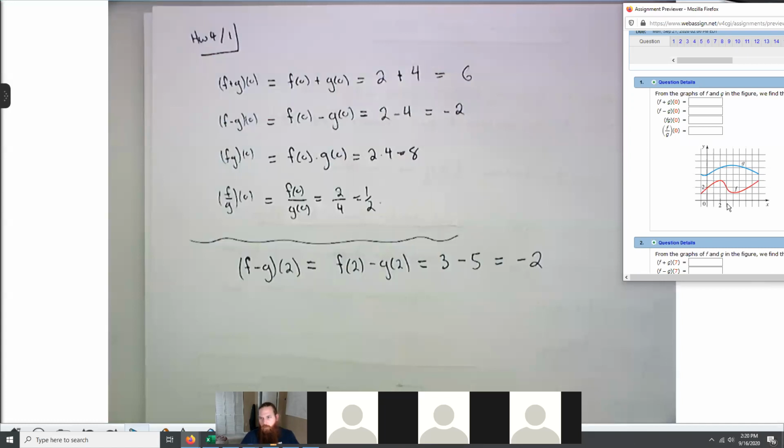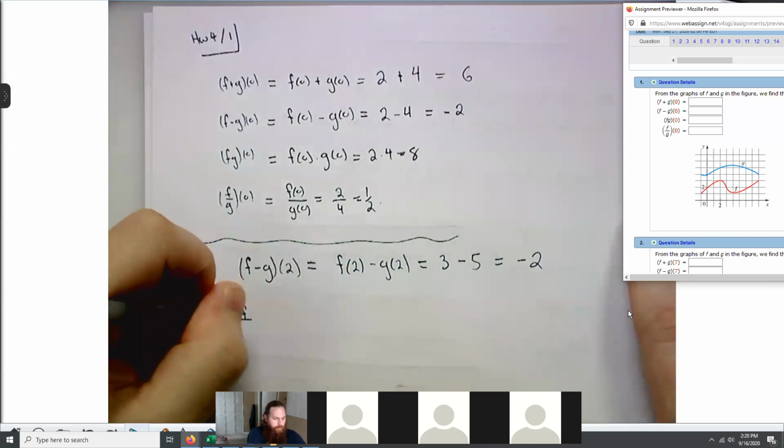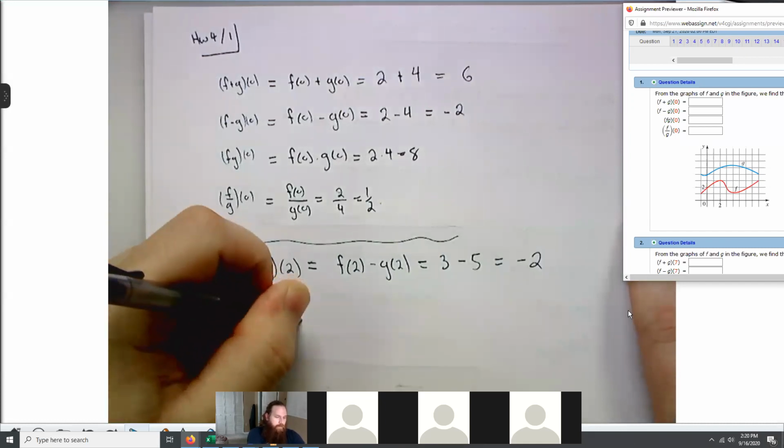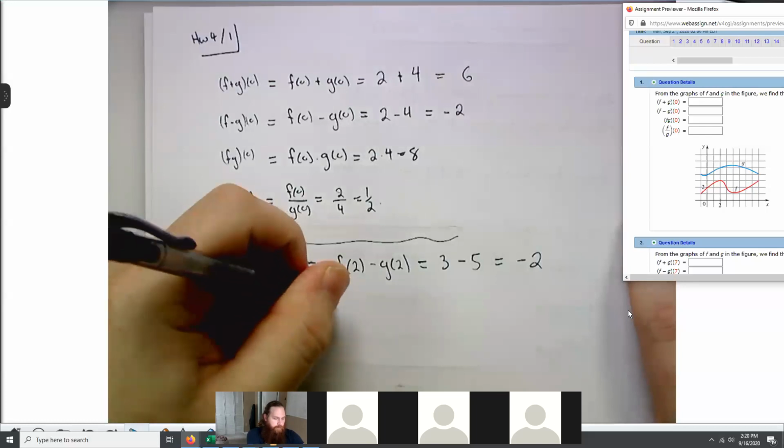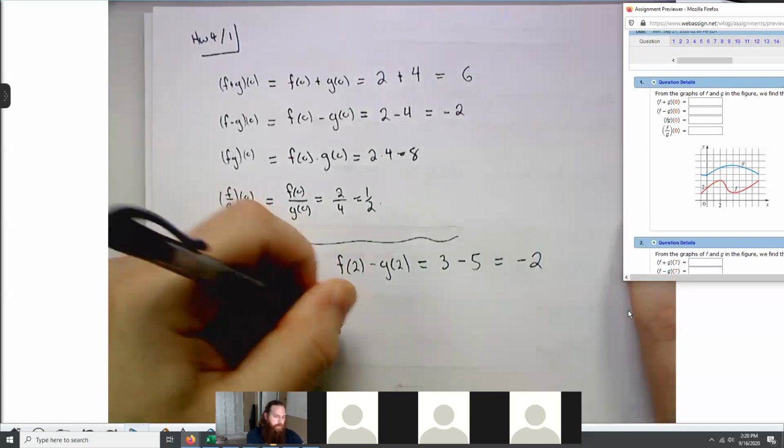Let's do one more. Let's find f over g of 8. So if I wasn't immediately sure what to do, I would say, all right, well, this is the same as f of 8 over g of 8.